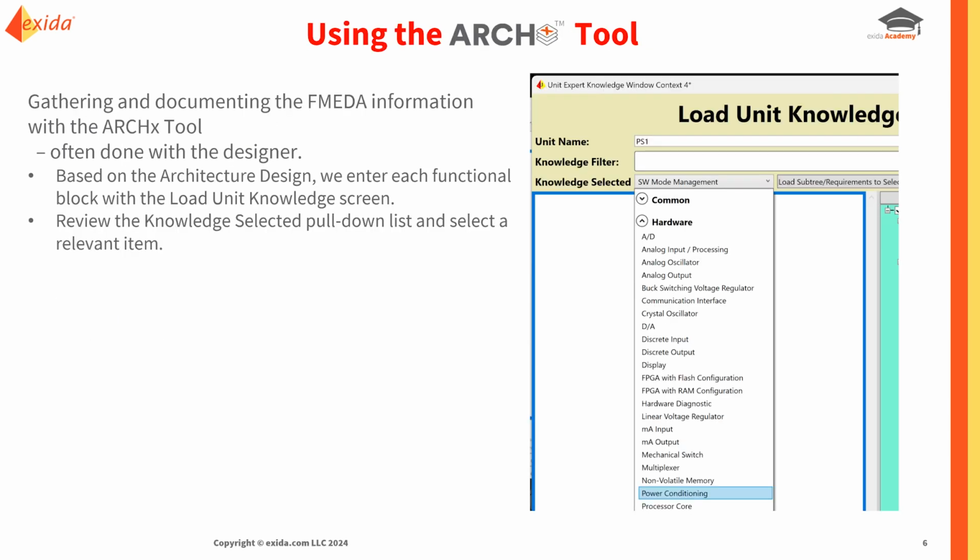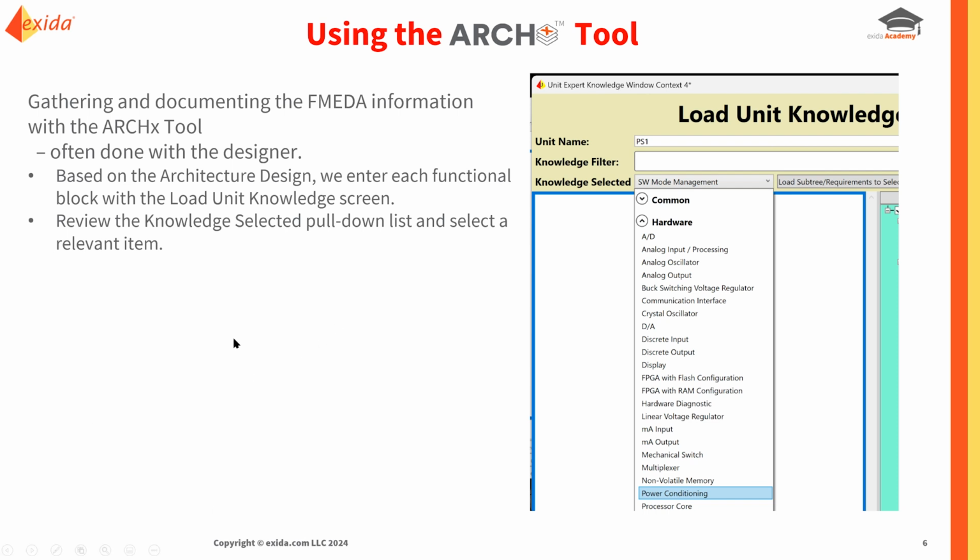Now, what do we do with this in ARCHx? For each block in the architecture, which we call a unit, we will enter that information into ARCHx using the load unit knowledge feature.